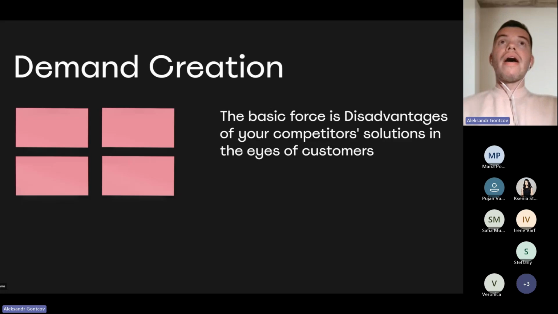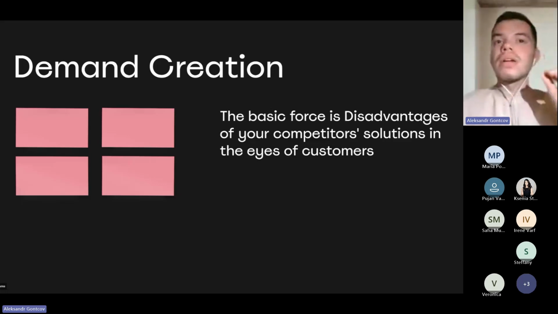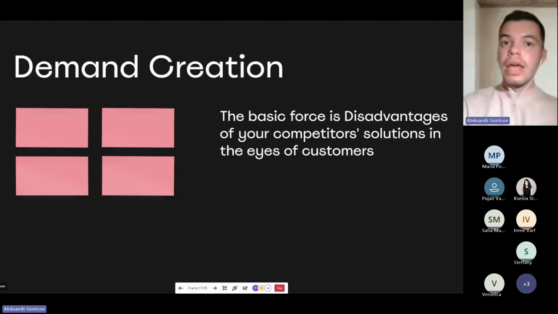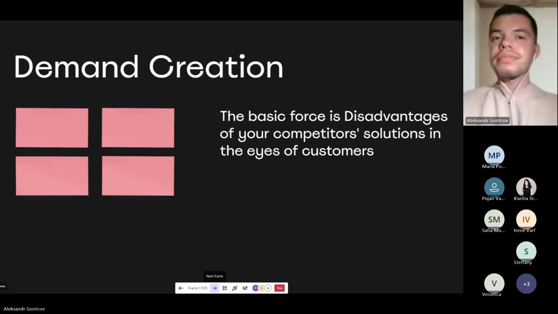There is going to be an avenue of possibilities, instruments and tools we can use. It can be either an in-person or online meeting, and they will have their disadvantages. So the more specific your job is, the more specific your product is, the more specific the scope of solutions is. But please do not limit yourself to just one specific customer or a company. It's a scope of solutions, and they will have disadvantages in the eyes of your customers.